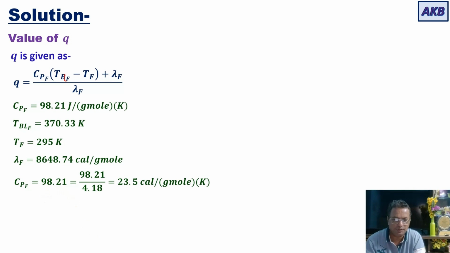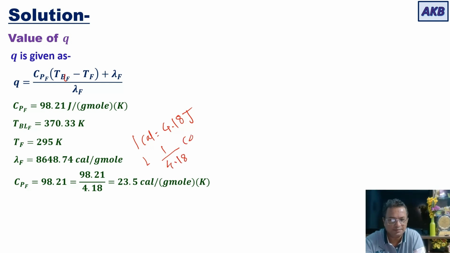What we know is the conversion: 1 calorie is equal to 4.18 joule. So 1 joule is 1 by 4.18 calories.